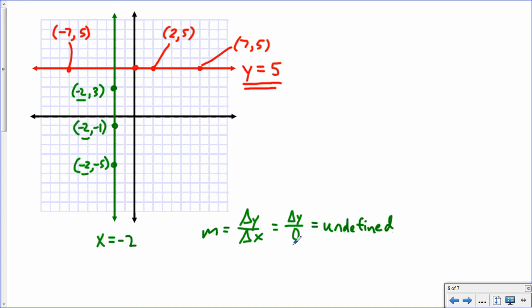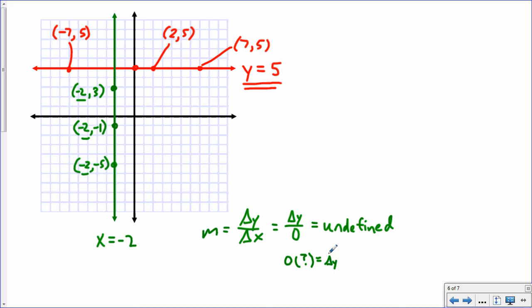In short, in case you haven't watched that other video, when you divide, you're asking the question, how many zeros does it take to add up to this number up here? 0 plus 0 plus 0 plus 0, or you could look at it this way. How many zeros does it take to make that change in y that's not 0?